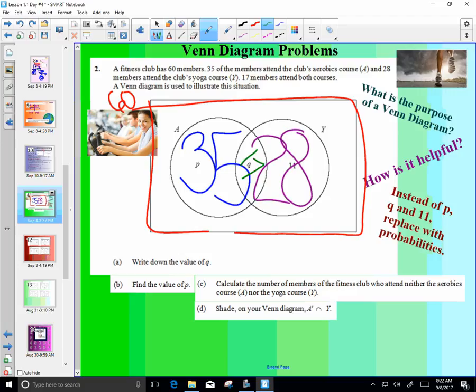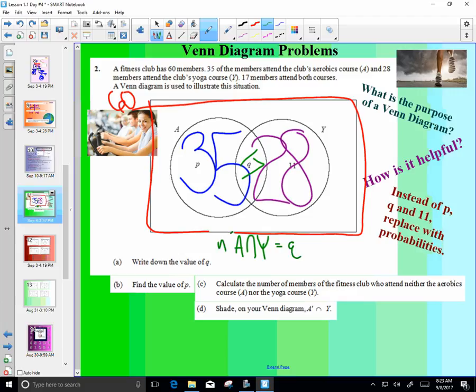So what is 17 going to do to this region P? Because 17 is the intersection Q. By the way, that's A intersect Y. That's going to be your Q. All right?